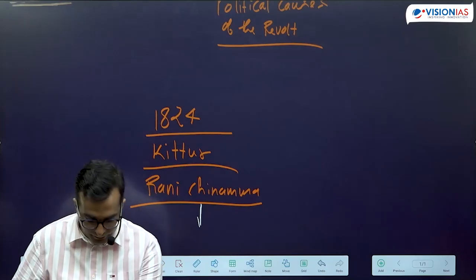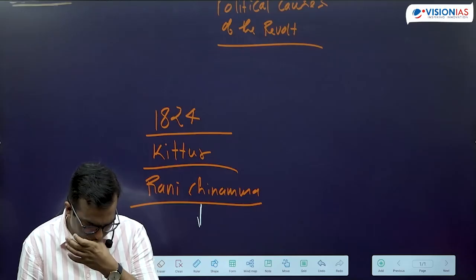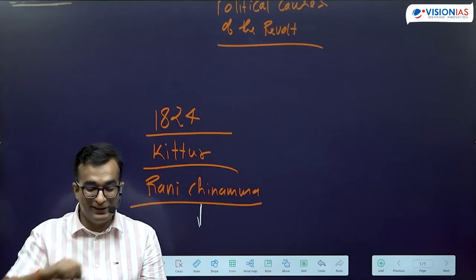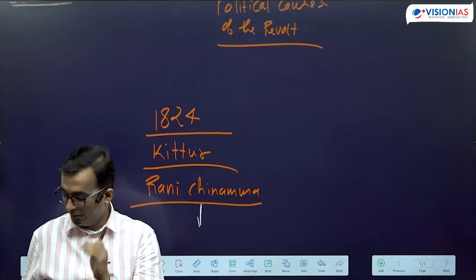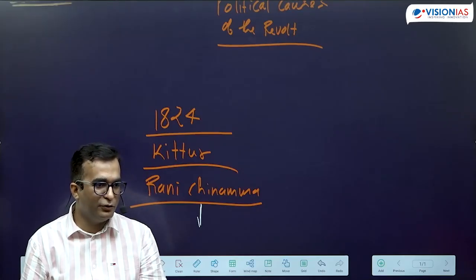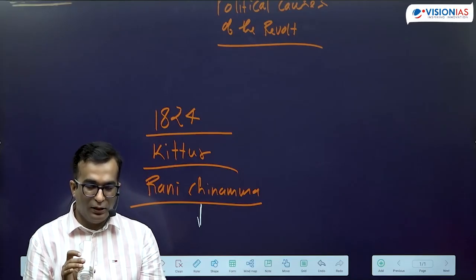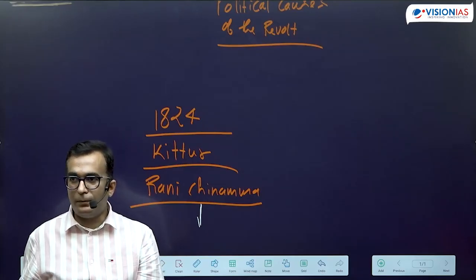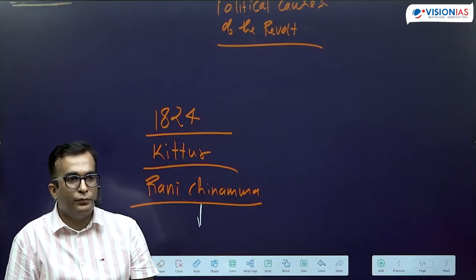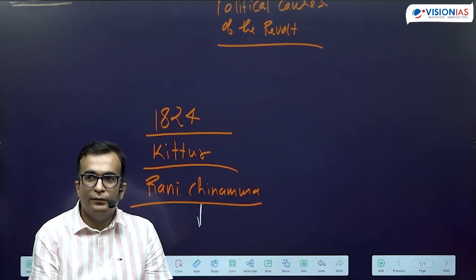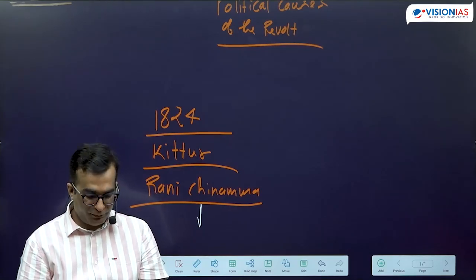Then mention further after it. As per this policy, the British wanted to maintain their complete control on Indian states without annexation.